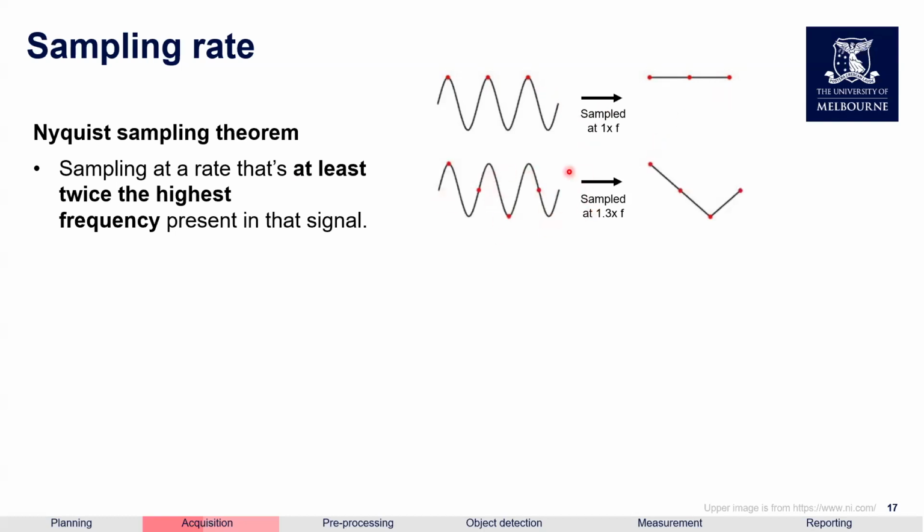If we increase the sampling rate, that improves it. But when we sample at least 2 times the signal frequency, then it starts to reflect the shape properly. So this sampling rate of 2 is pretty much the minimal requirement we need to use.